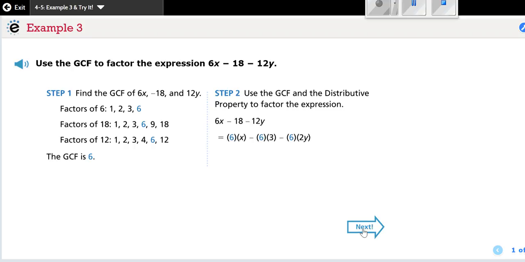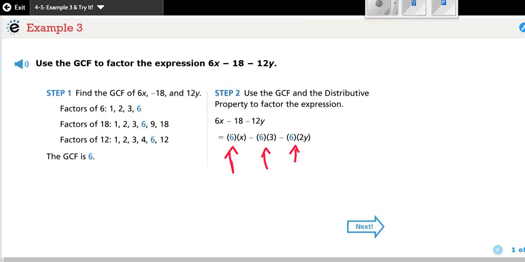Right? So basically what we're seeing here is that we see a 6 times x, we see a 6 times the 3 here, and we see a 6 times 2y here. That's how these expressions and terms fit together.